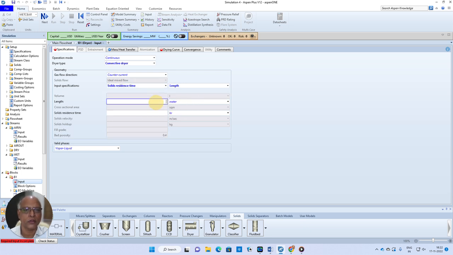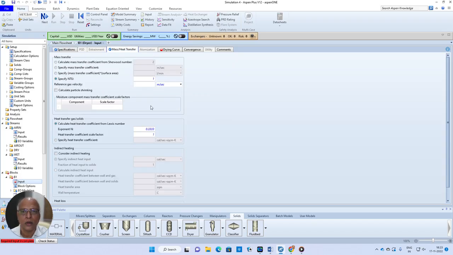The length of the dryer is given to be 6 meters. The residence time is given to be 3 hours. Right? Now the mass and heat transfer. You are given the convective mass transfer coefficient as 5 into 10 power minus 4. So let us select that mass transfer, specify mass transfer coefficient.